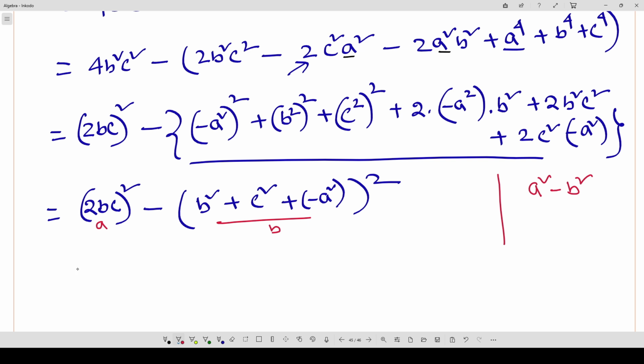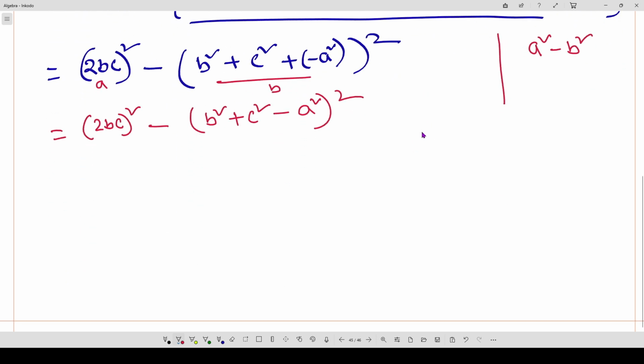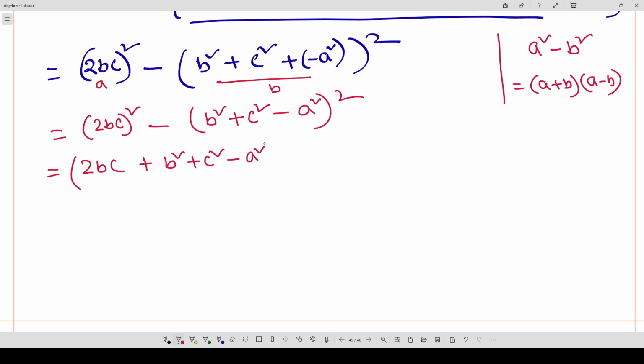In the second line we can also change it this way: (2bc)² minus, here is (b² + c² + (−a²))², whole square. Now it's a perfect thing. Now as per a² − b² we can write (a + b)(a − b). How? It's 2bc, then plus b means b² + c² − a², right?